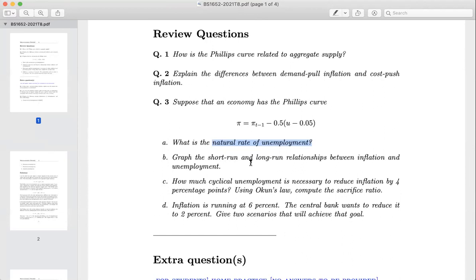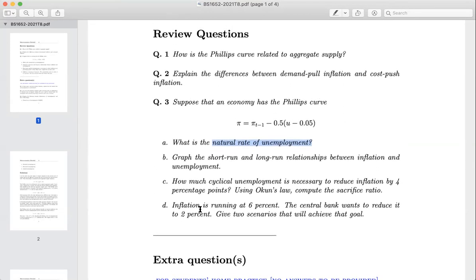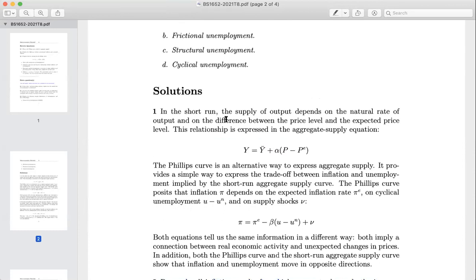The third point asks how much cyclical unemployment is necessary to reduce inflation by 4%. And the last question is very similar: if inflation was at 6% and the central bank wants to reduce it to 2%, how could we do that?